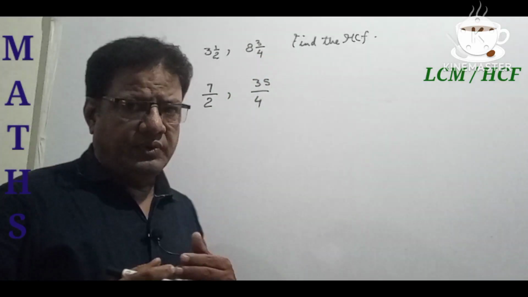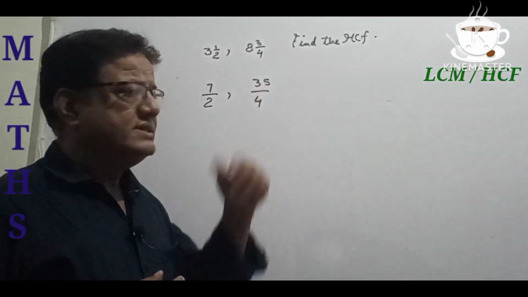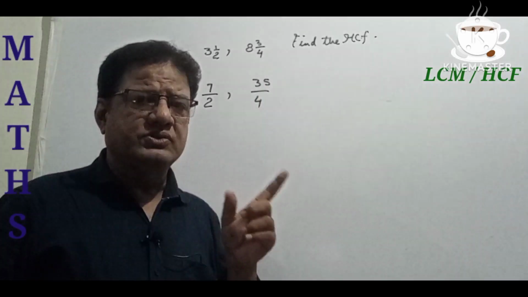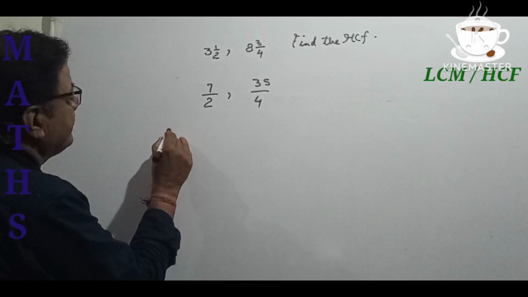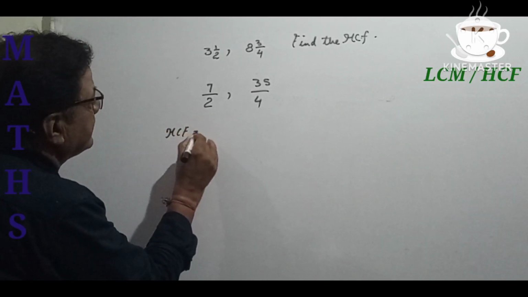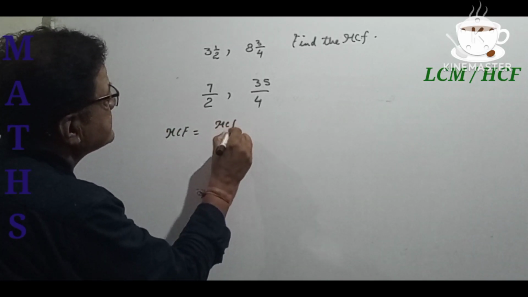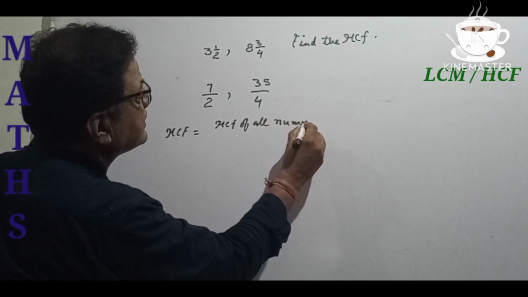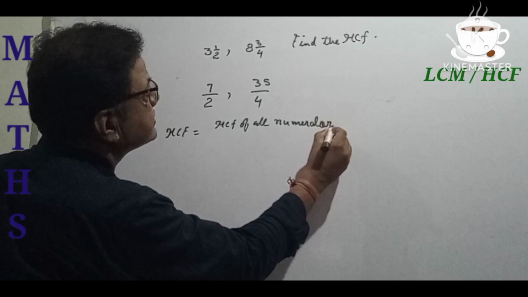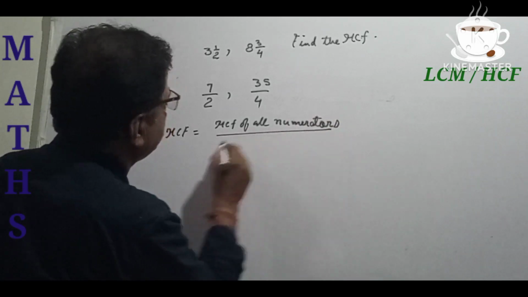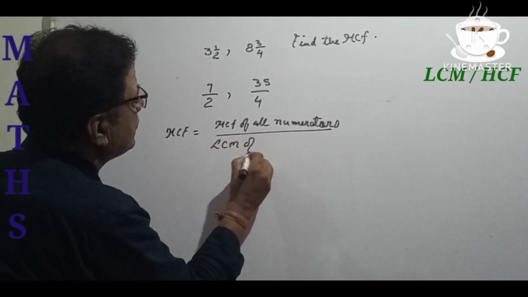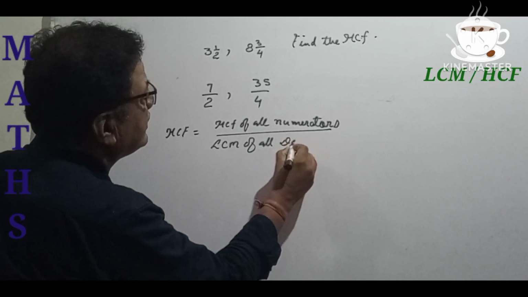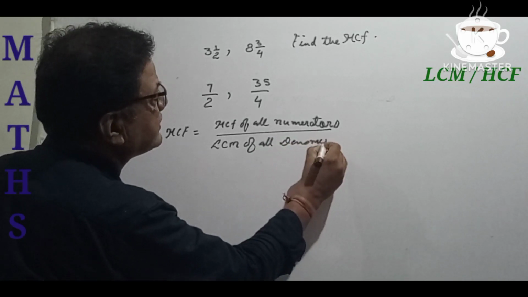Now we want to find the SCF of them, so we use the formula SCF equal to SCF of all numerators upon LCM of all denominators.